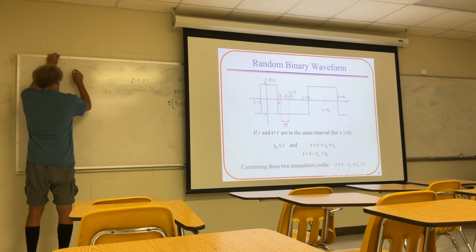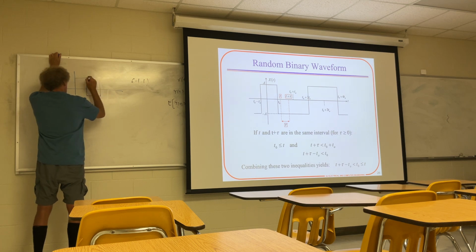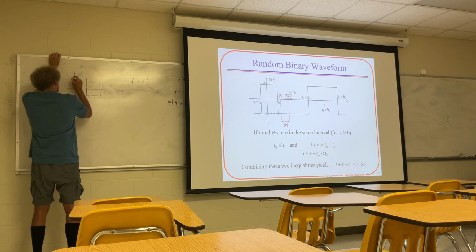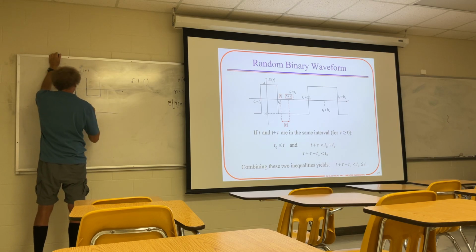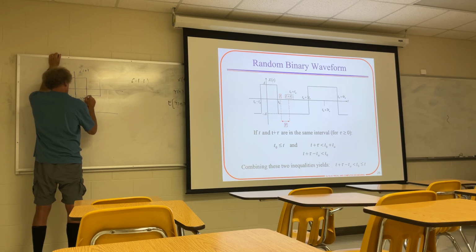So if you take a look at a process like this, I'm going to make this A here, and this would be T, call it X of T. Height would be A, call this X of T here. Right below it, I'm going to show you, height here would be A, this right here would be minus A, and this is going to be X of T plus tau.